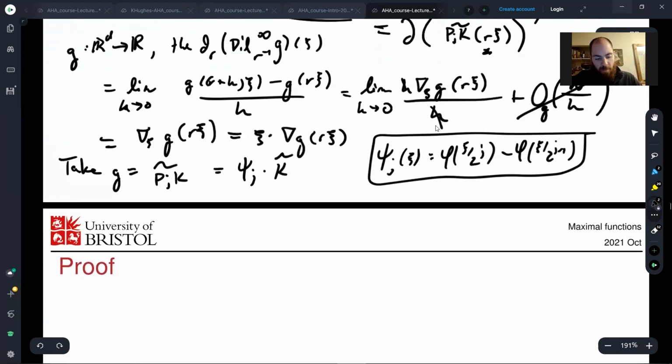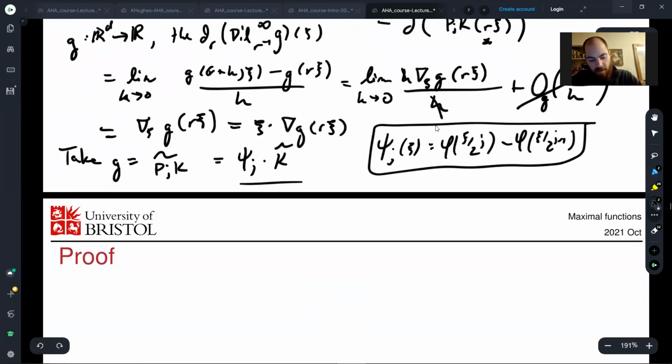All right, so I apply the gradient to this product. The gradient of g then is going to be, Leibniz rule, right? Gradient of psi times the Fourier transform of k, plus psi_j times the gradient of the Fourier transform of k.